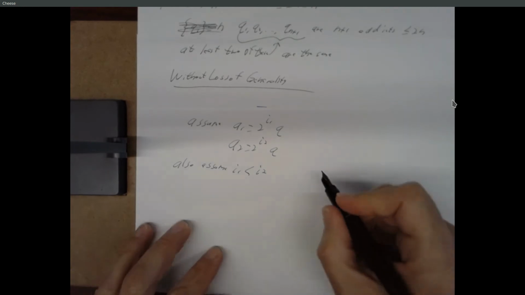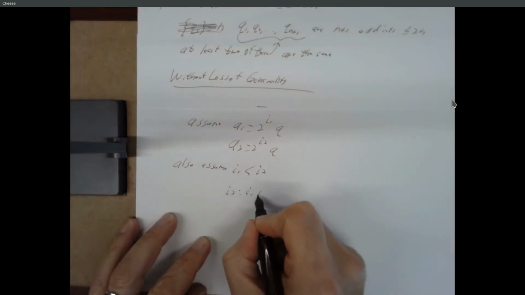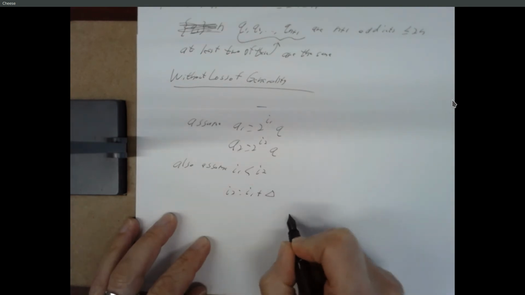So if we assume I1 is less than I2, then we can write I2 equals I1 plus some delta, where delta is bigger than 0. It's my only chance to use Greek letters.